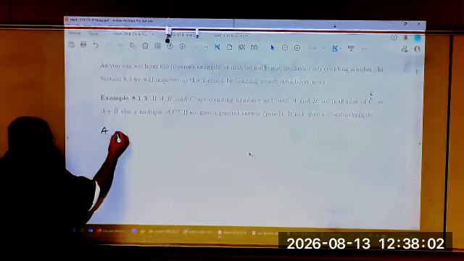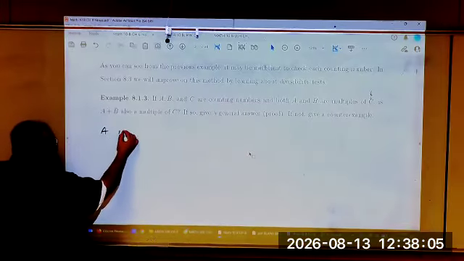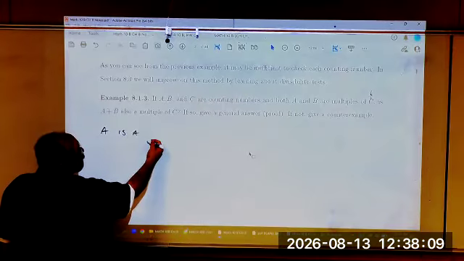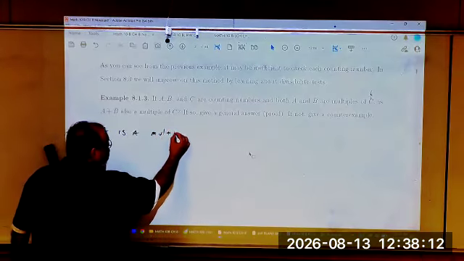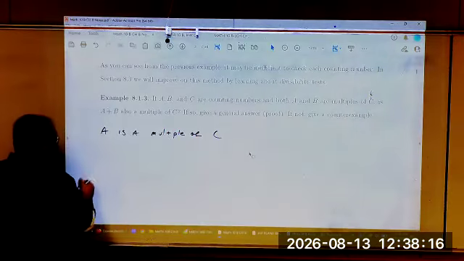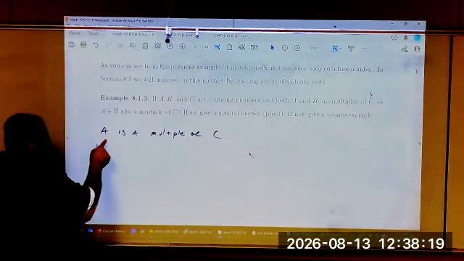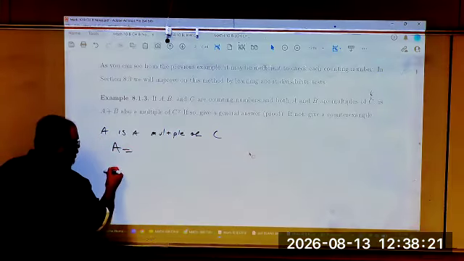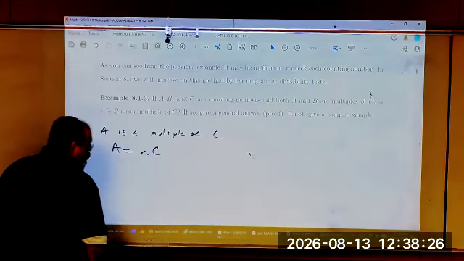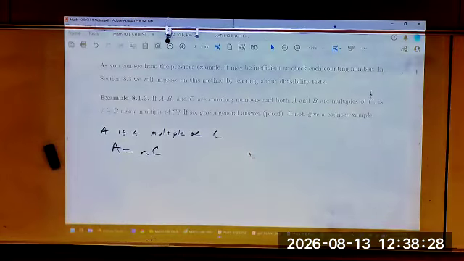So A is a multiple of C. So that means A is equal to some number N times C. 5 times C, 2 times C, it's some number times the C. That's what a multiple means.